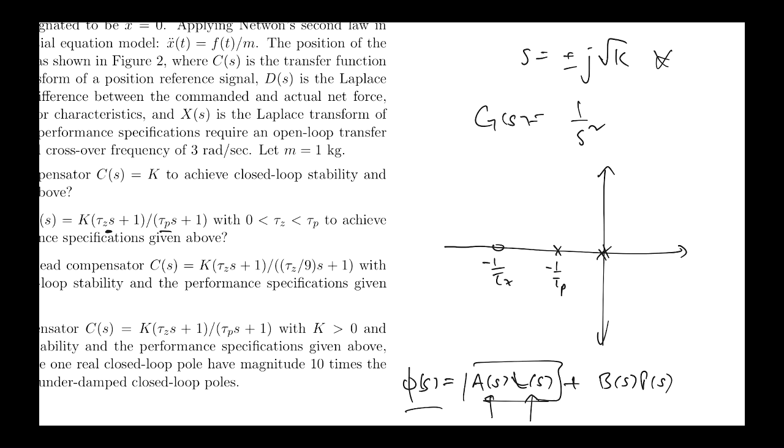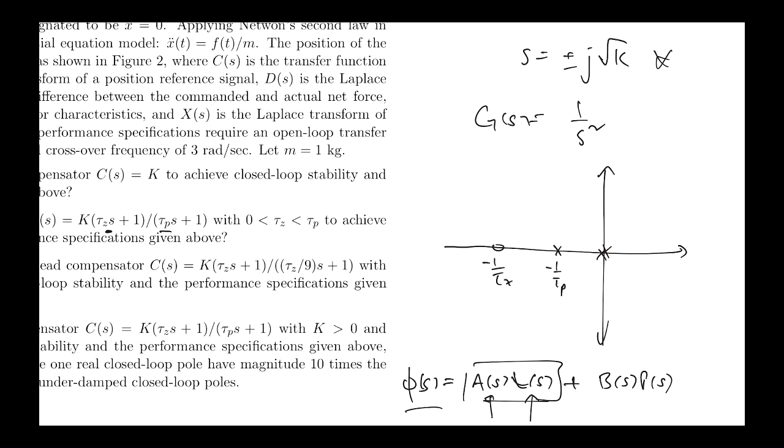All right, so we're going to get three values for each value of the compensator gain, right? For small values of the compensator gain, we'll end up with one close to this open loop pole, and we'll get one close to this open loop pole and one close to this open loop pole.